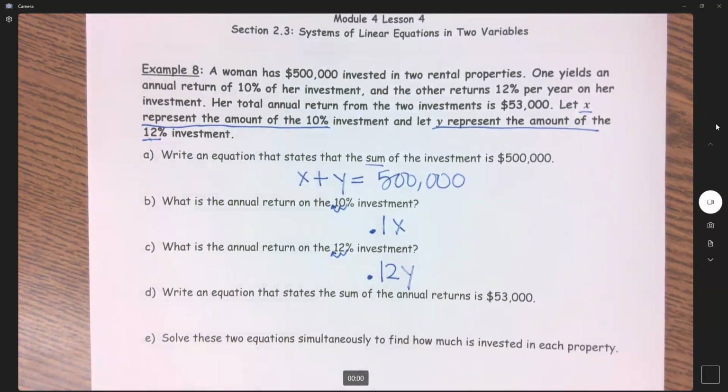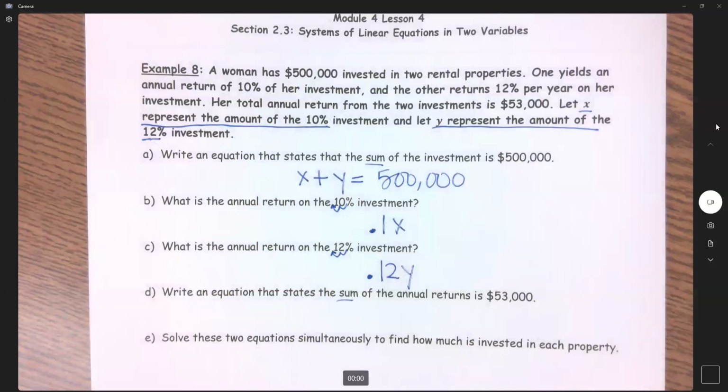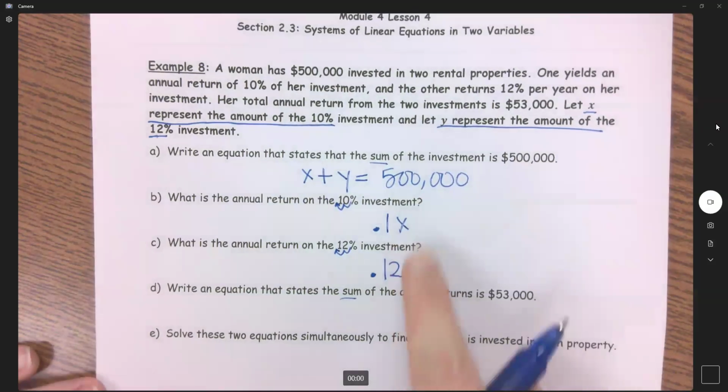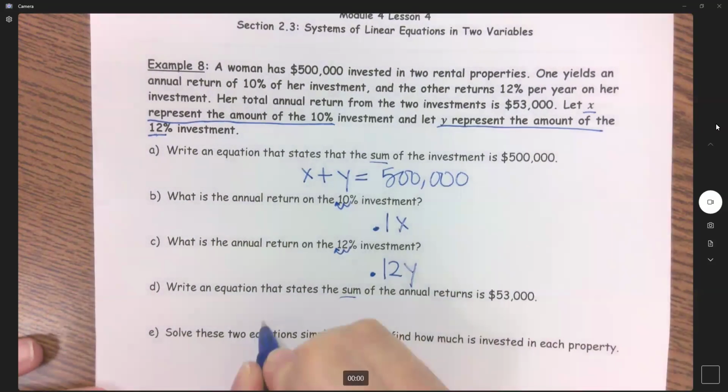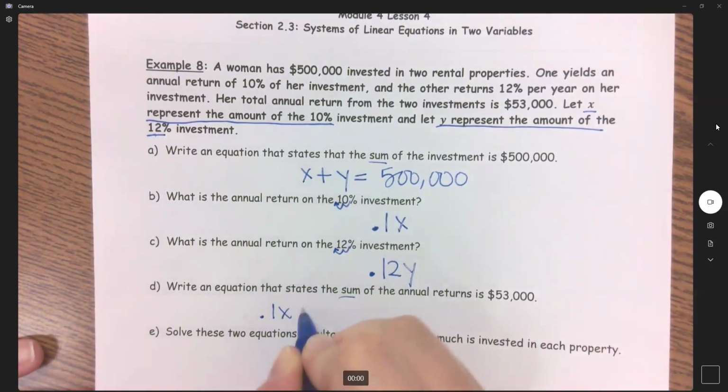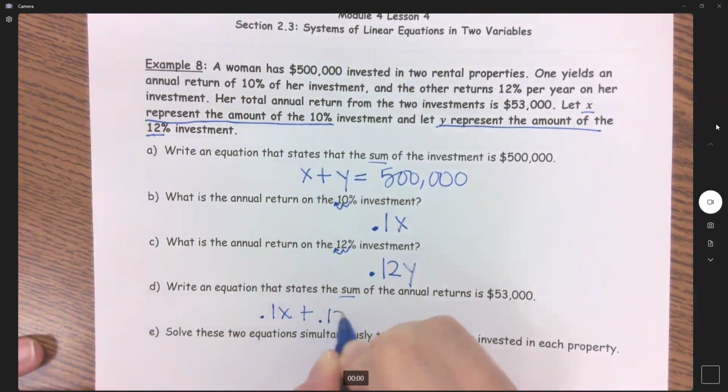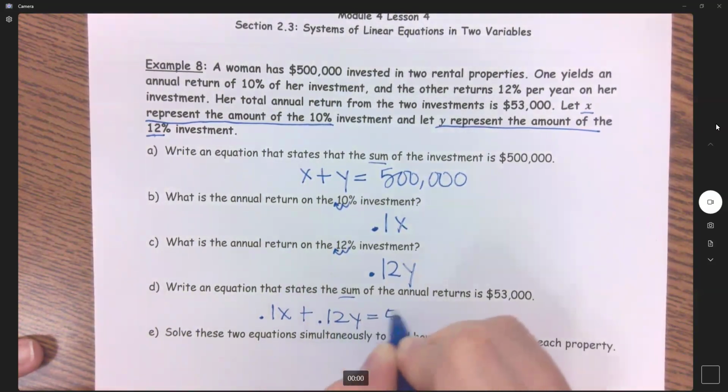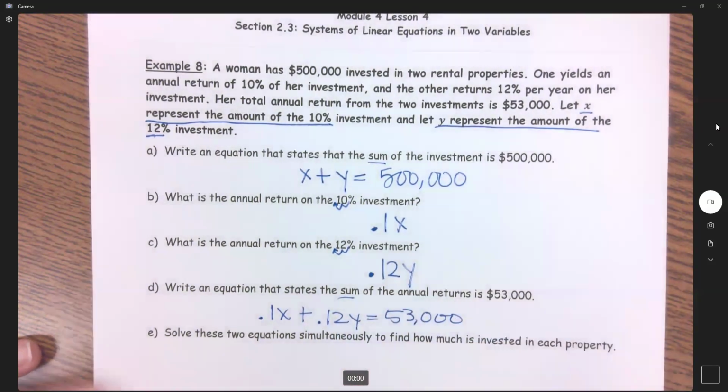Okay, so write an equation that states the sum of the annual returns is 53,000. So this plus this equals this. 0.1x plus 0.12y equals 53,000.